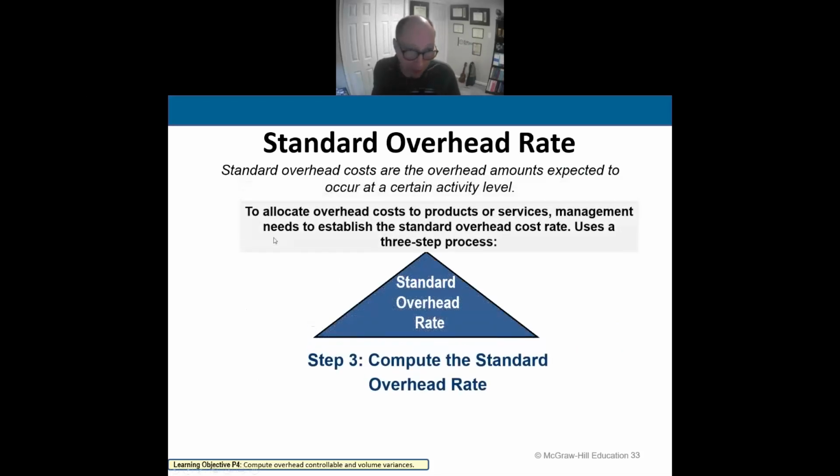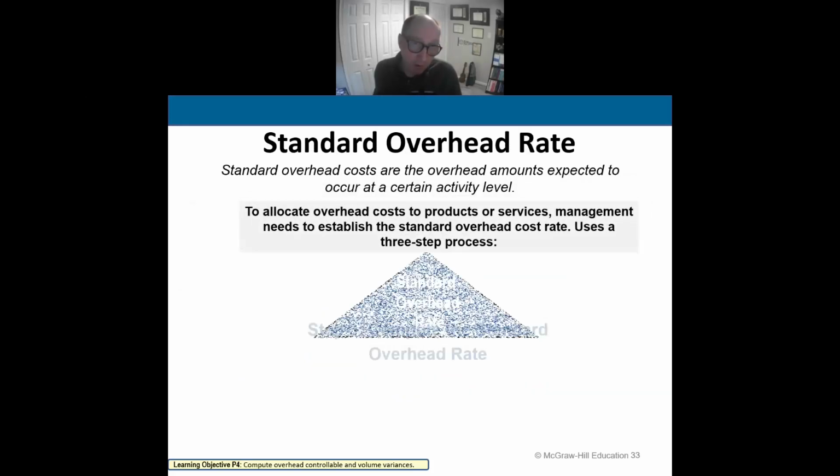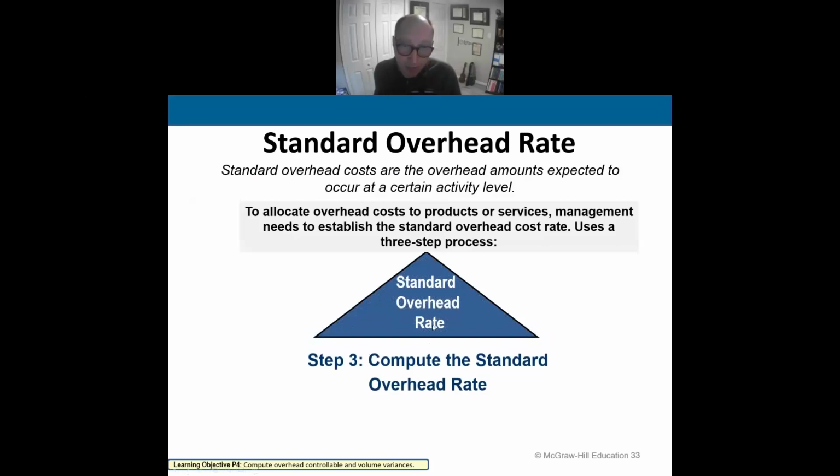We allocate the standard overhead rate to the products and services that we're manufacturing. And it's done in a three-step process. Of course, the first is to determine the standard overhead rate. Then we find the assigned overhead amount, and then we compute the standard overhead rate.